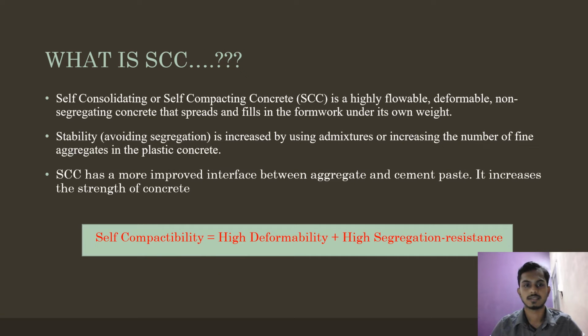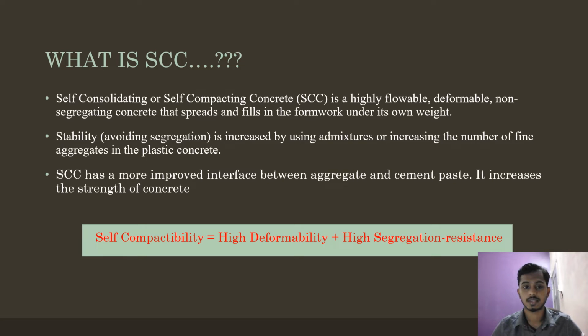What is SCC? Self-consolidating or self-compacting concrete is highly flowable, deformable, non-segregating concrete that spreads and fills the formwork under its own weight.